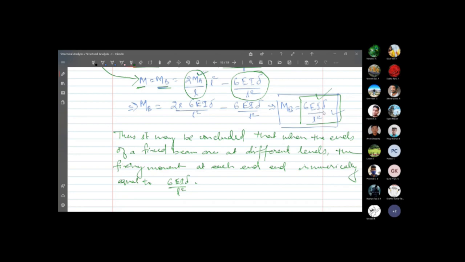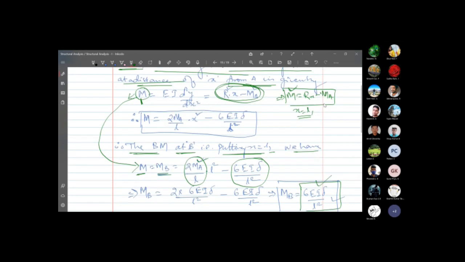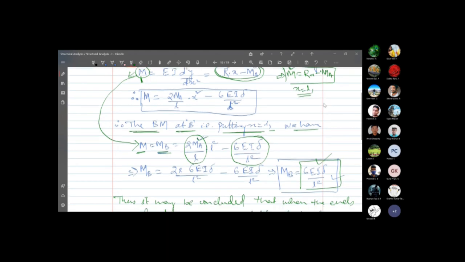Sir, here it is Lx, but you wrote L square. M is equal to 2MA by L into x must be there, but you wrote x square.